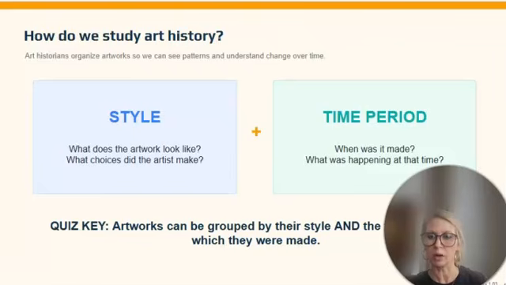Artworks created during Impressionism share other characteristics. Grouping artworks this way helps us understand what artists were doing and what was happening in the world when the artwork was created. We don't organize art history based on how expensive artwork is, how large it is, or whether people personally like it or not. So remember, style and time period are an important way that we study art history.